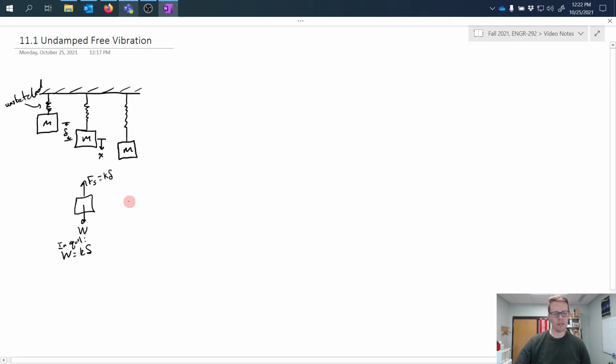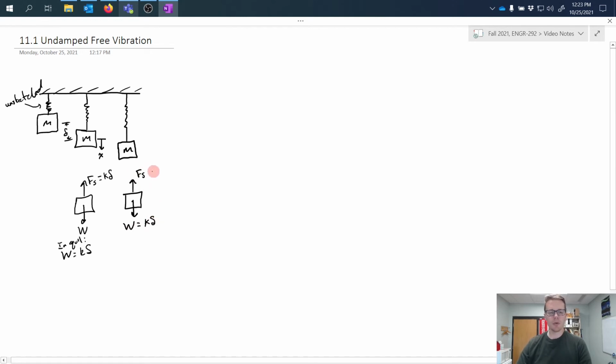So now if once again we draw a free body diagram, I would say that we have the weight acting on it, and we have the force of the spring pulling back. Now the weight, recall, hasn't changed, and here we said it was equal to k delta, and we're not changing any of the definitions of delta or anything like that, so therefore we can still say that the weight is equal to k delta.